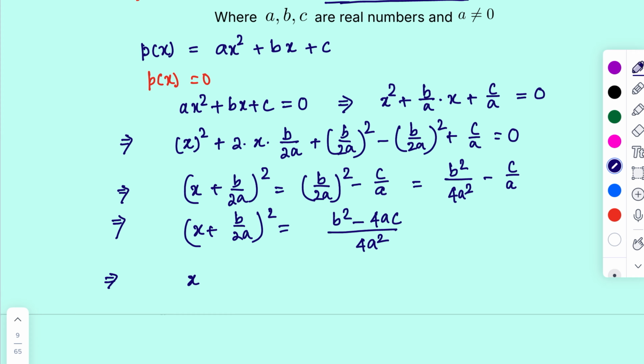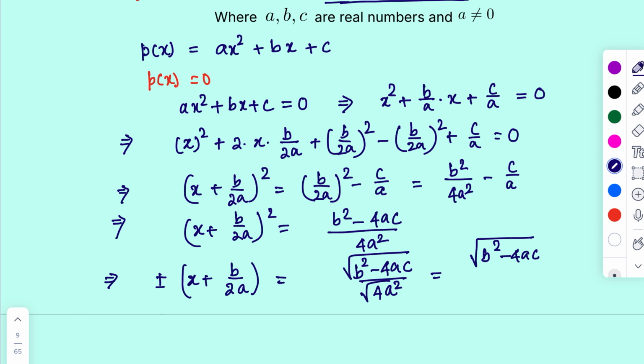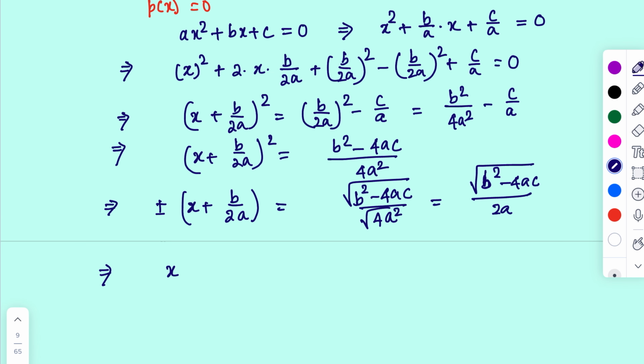So we will write this as now x plus b by 2a is equal to plus minus square root of b square minus 4ac by 2a.